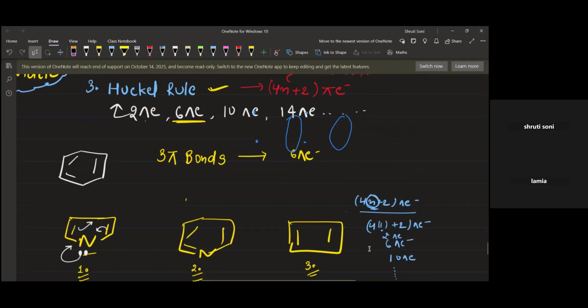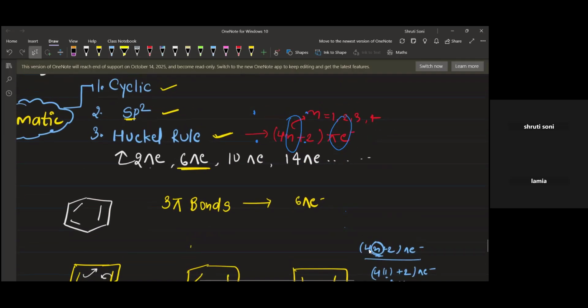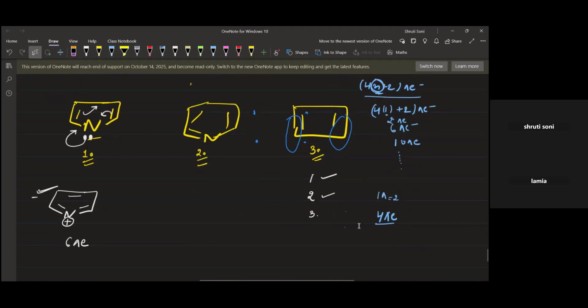Now from the formula, is there any possibility that an aromatic compound has 4 pi electrons? No. So this is not an aromatic compound. Done. Not aromatic.